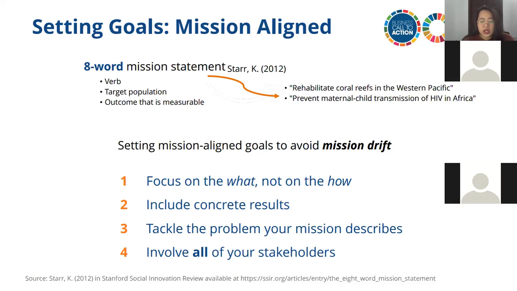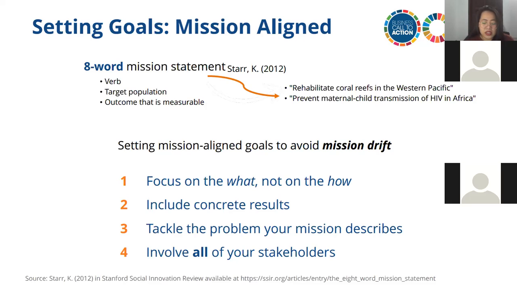There are several ways, 4 actually, to avoid mission drift, mostly through a strategic marketing plan. First, you focus on the what, not on the how. This is aligning your marketing goals with your business goals. Number 2, you include concrete results.